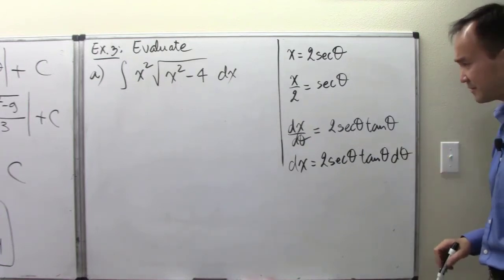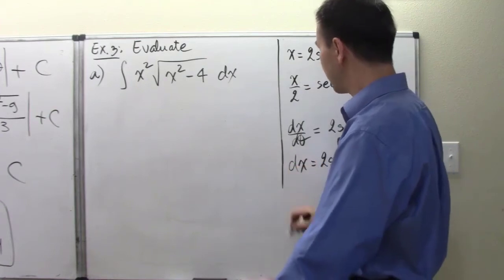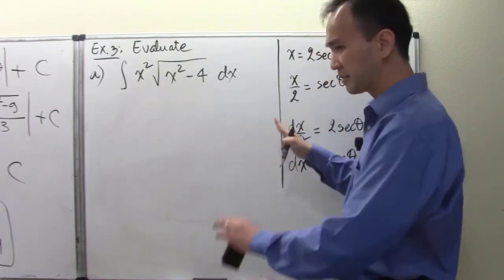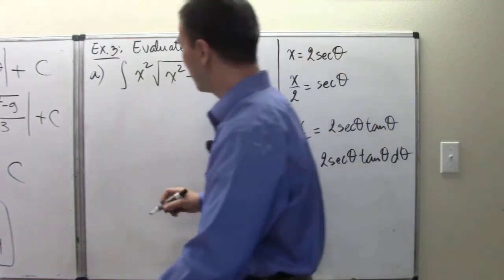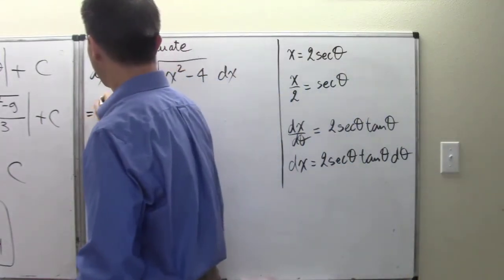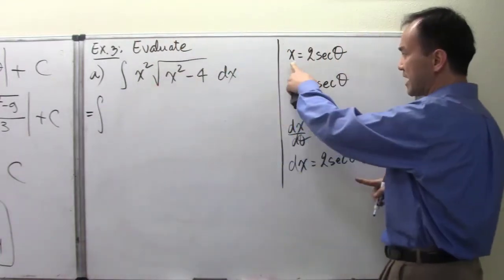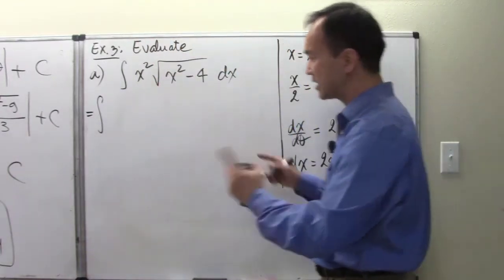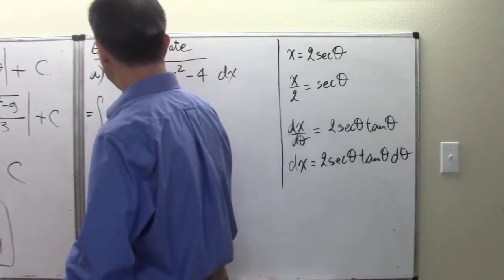Okay, and so now I'm ready for making my substitution. I'm bringing all these pieces into our beginning problem right here. So what I have now is an integral. X squared can be substituted by, so x equals 2 secant theta, so x squared must be 4 times secant squared of theta.